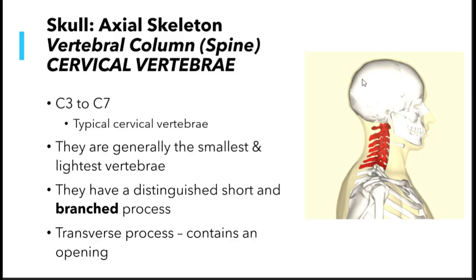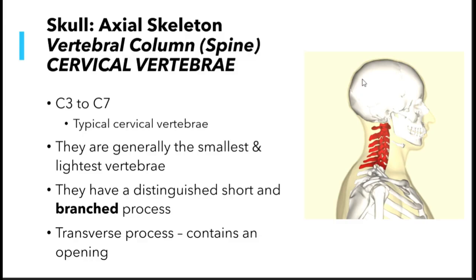From C3 to C7, these now are your typical cervical vertebrae with similar characteristics and function. We have the so-called branched spinous process, and then the transverse foramina, which is the marking for cervical vertebrae.